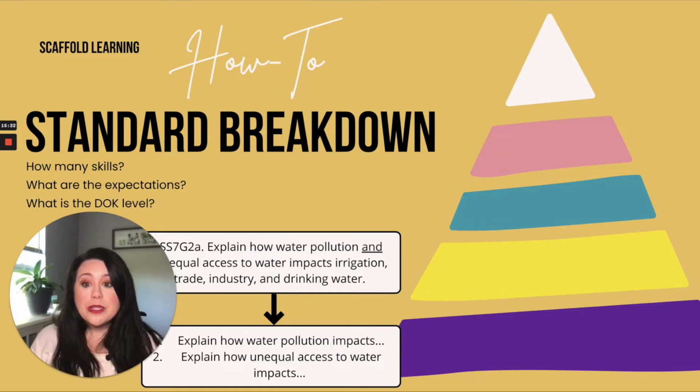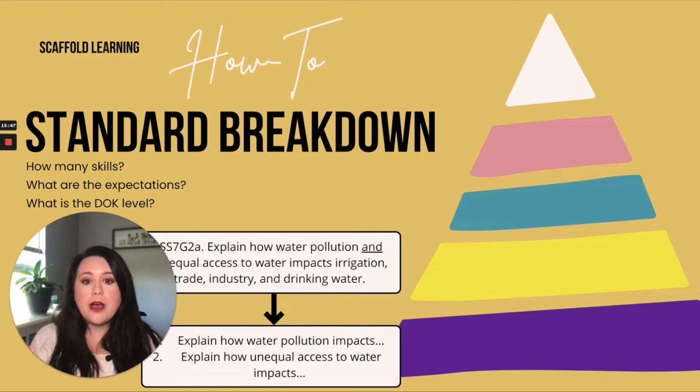So this is really two separate pieces of information. Students have to explain how water pollution impacts irrigation, trade, industry, and drinking water. But then they also have to explain how unequal access to water impacts irrigation, trade, and drinking water. Those water pollution and unequal access are completely different.